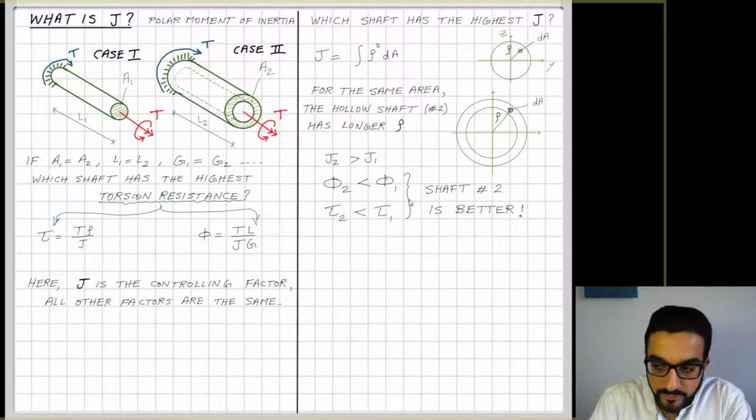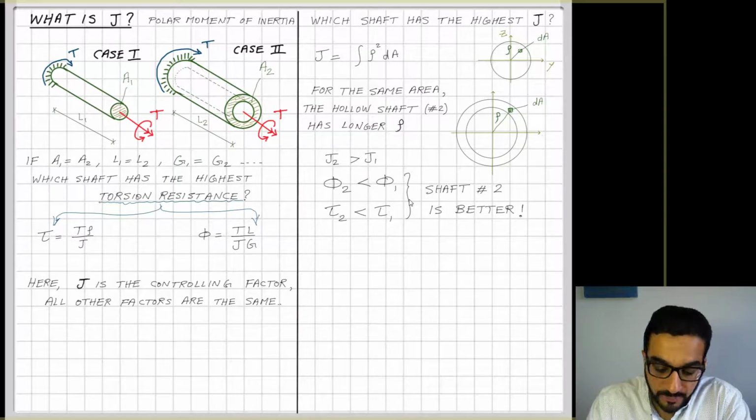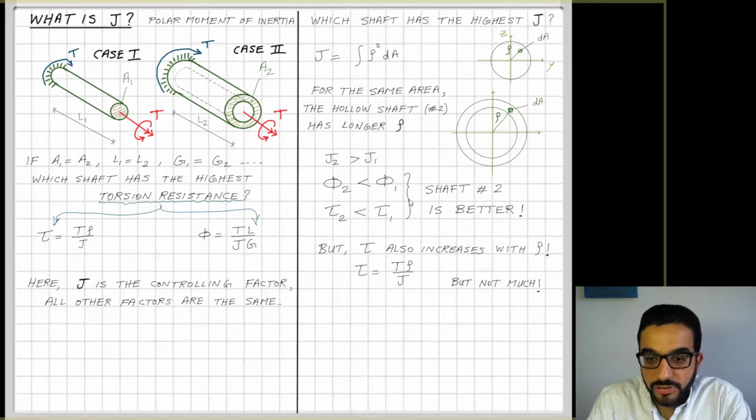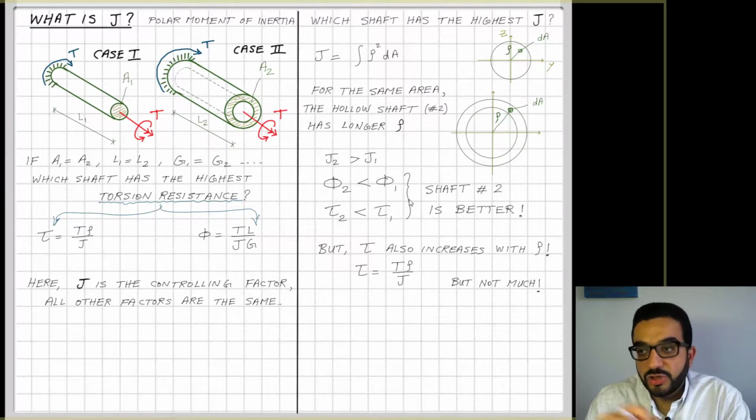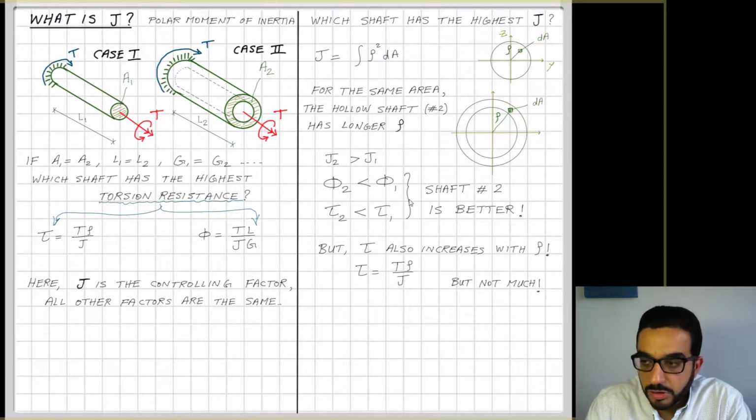So when you have a larger polar moment of inertia, you will have the least deformation or twisting, and the least stresses. One thing to note here is that tau also increases with rho. If you look at the tau equation, there is rho on the top, T rho over J. So if you increase rho, if you move the cross section away from the centroid, it's a first degree relation, to the power 1.